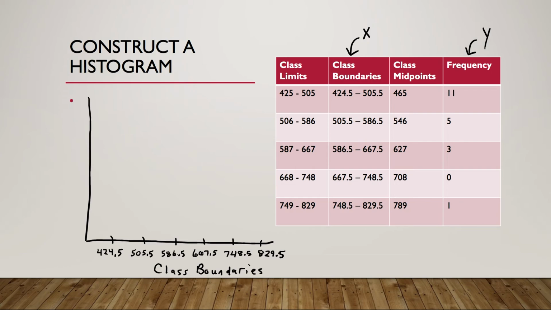Since it's relatively small, I think I'm just going to count by ones, but if you wanted to do something else, you certainly could. And then we'll do an F to stand for frequency.